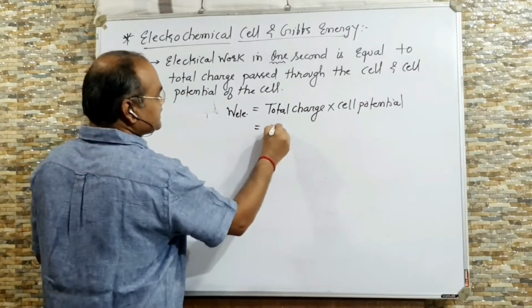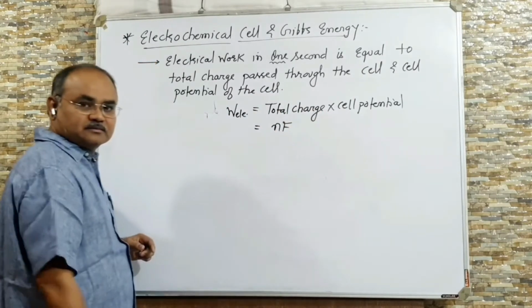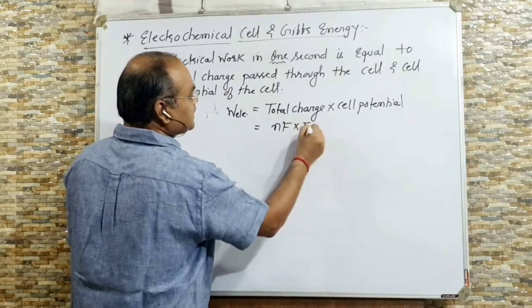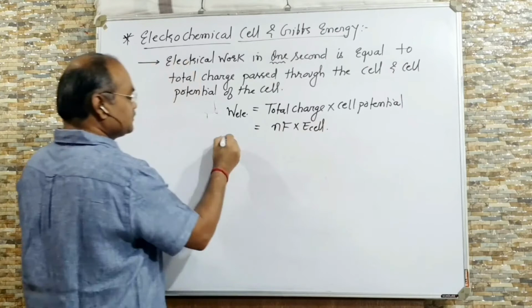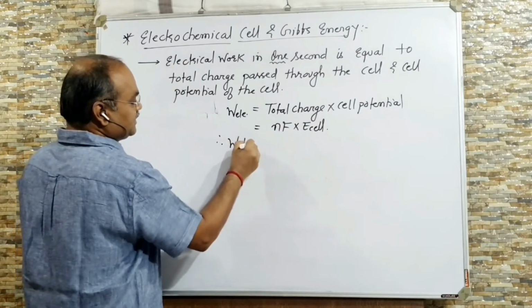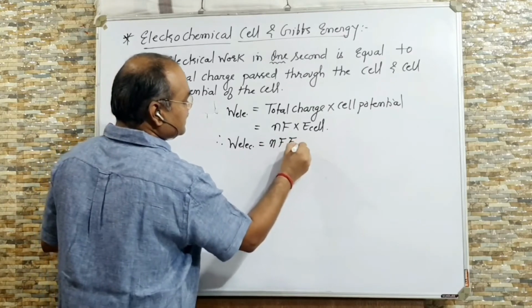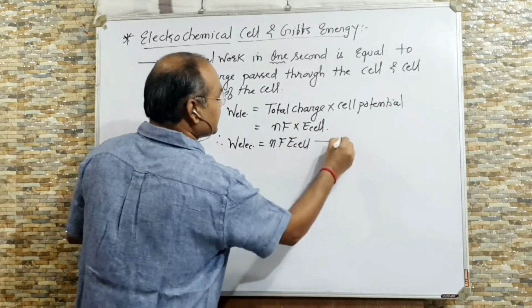We know total charge is n Faraday, that is, how many electrons are being transferred, into cell potential, which is E cell. So therefore, your W electrical is equal to nF E cell. This you can write as number 1.